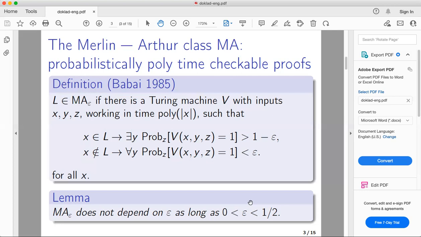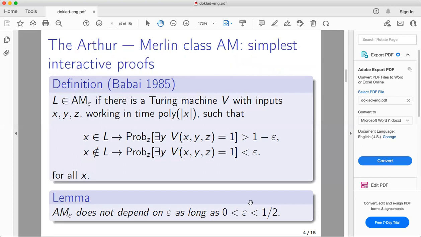We will need also another generalization of the class NP, which is the simplest version of probabilistic interactive proofs. The class is now called Arthur-Merlin because we formally just switch the quantifiers in the definition of MA. So what does it mean?